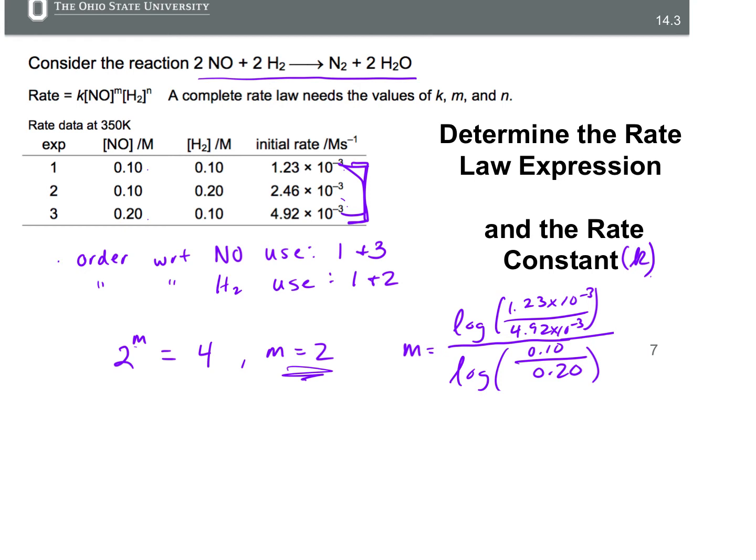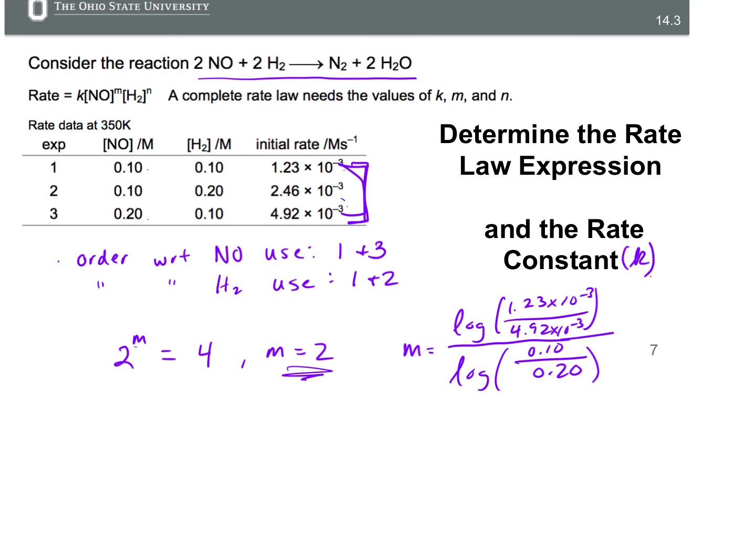I think this is the technique you're both using, so that's where I'm doing it. So the order is basically, we're saying we're doubling the concentration. That's where the 2 is coming from. The rate is quadrupled, but you have to find some power that will allow that to happen. Yep.